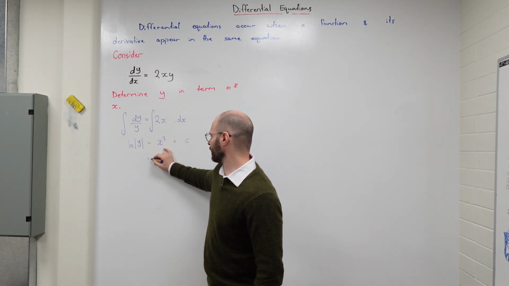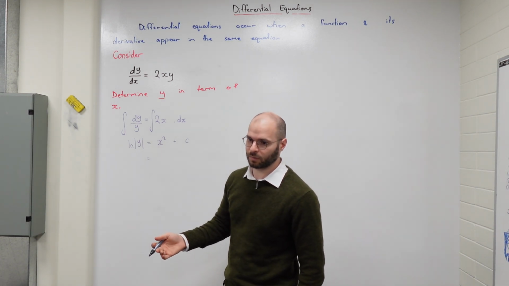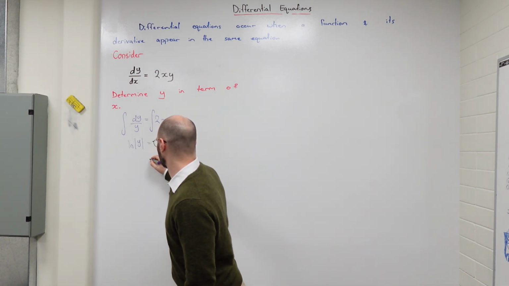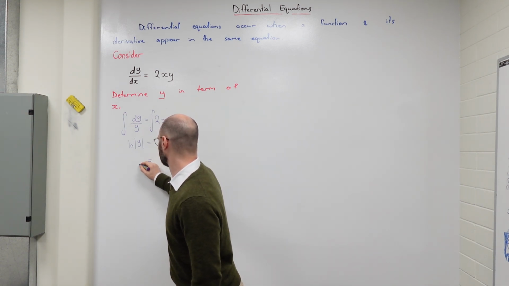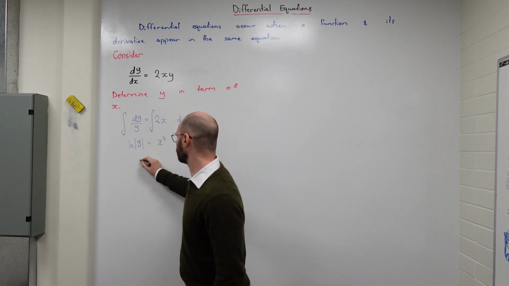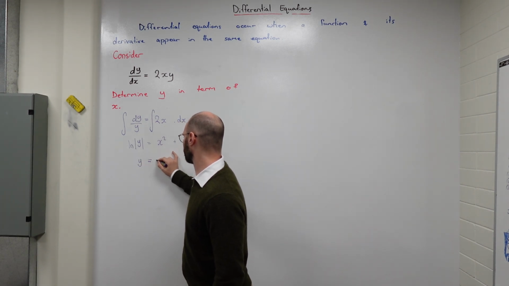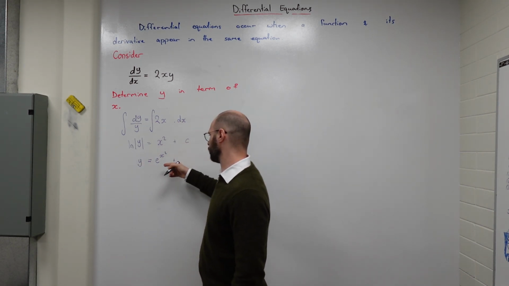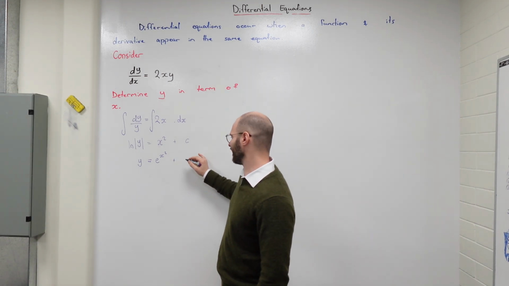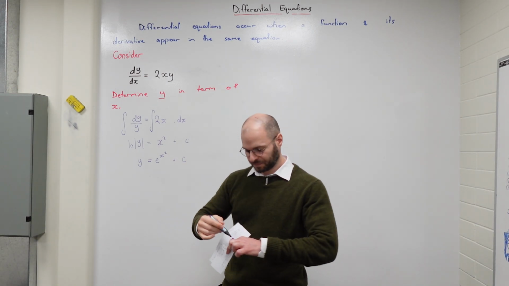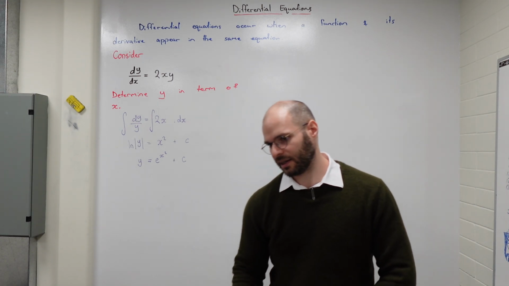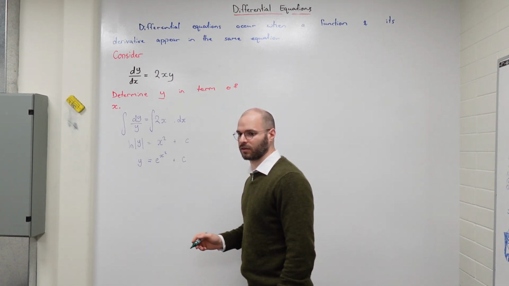From there, we want to find this in terms of y, so we raise both sides of the equation to a base of e. So e to the ln y is just y, and it becomes e to the x squared. Even though it should be e to the c, we just say c, because c is an arbitrary constant of integration.